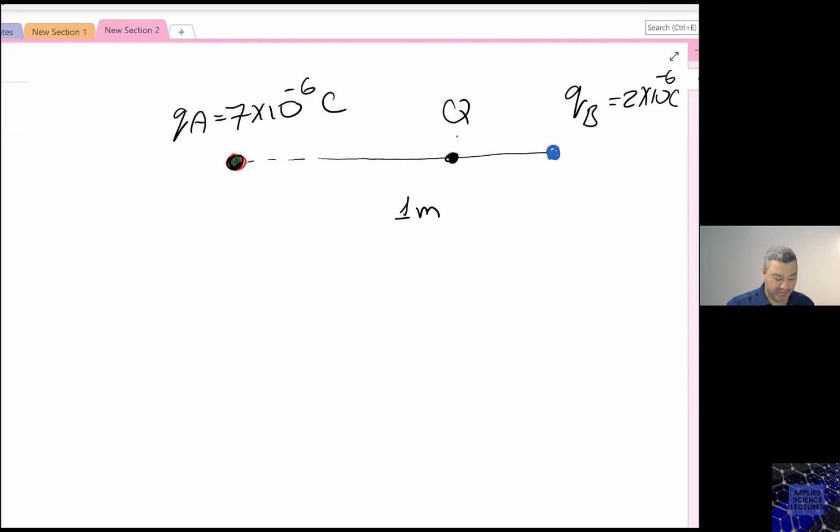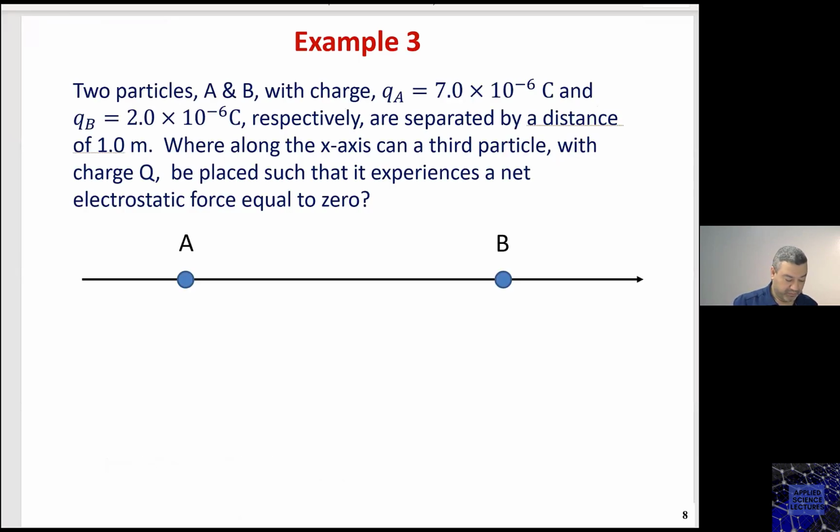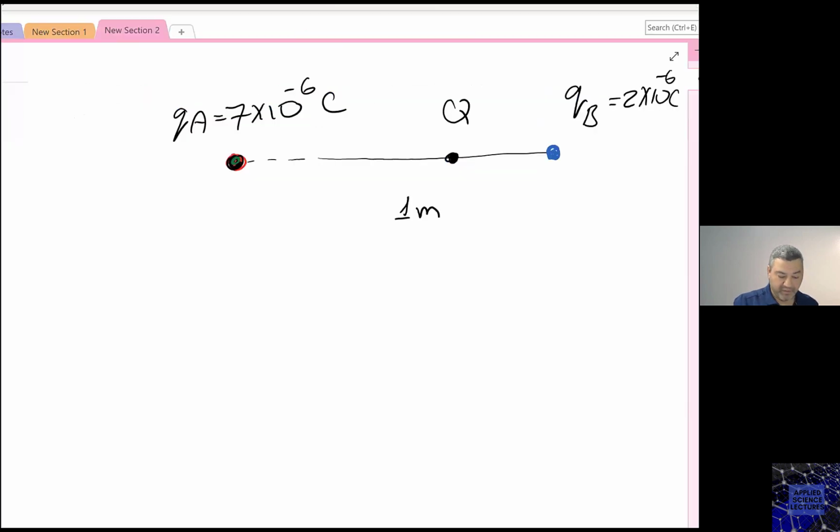So in this case, if I assume this distance to be x, then definitely this distance would be 1 minus x. Okay?